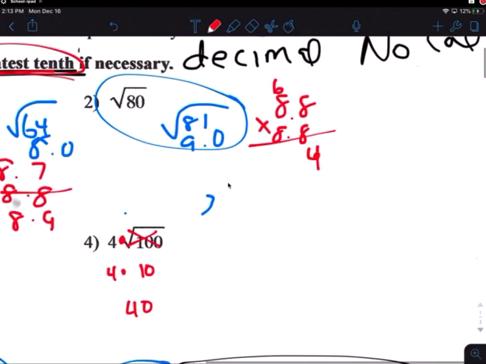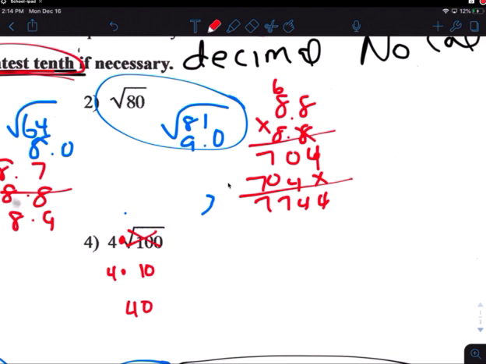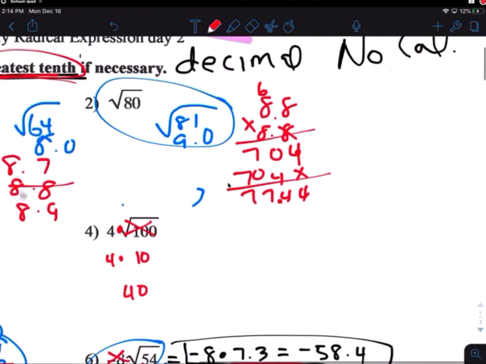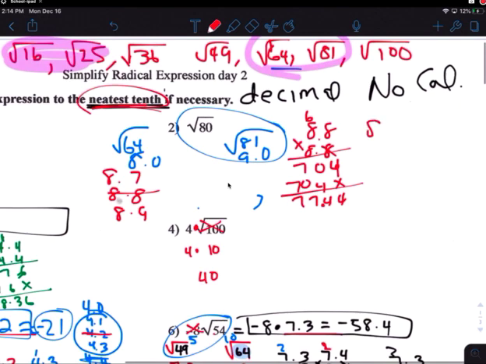64, carry the 6, 72. 64 is 70. 64, carry the 2. 64, carry the 6. 70. So 77.44. Too little. 8.9, of course.